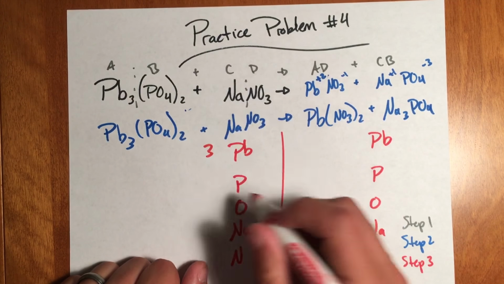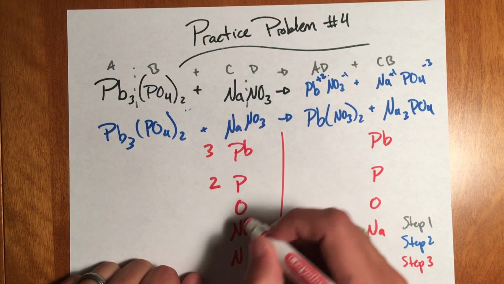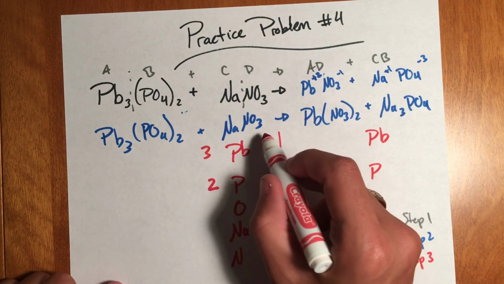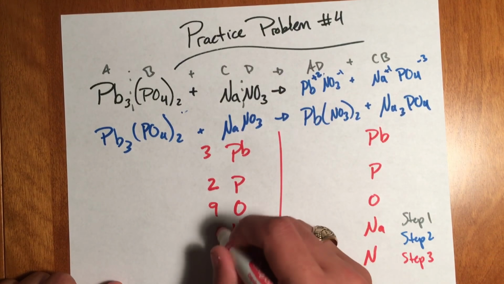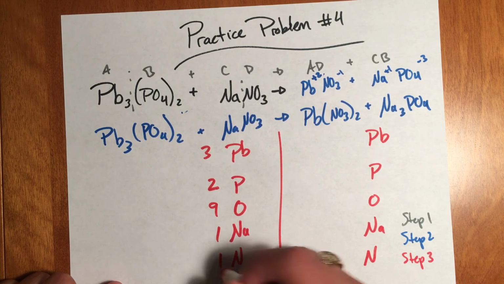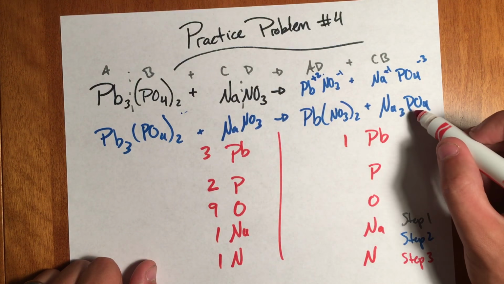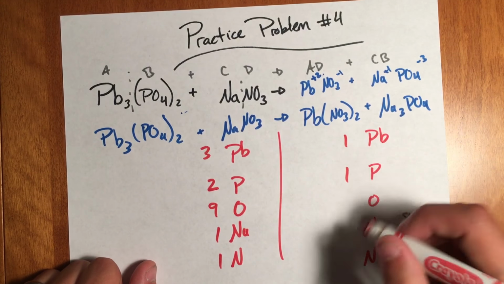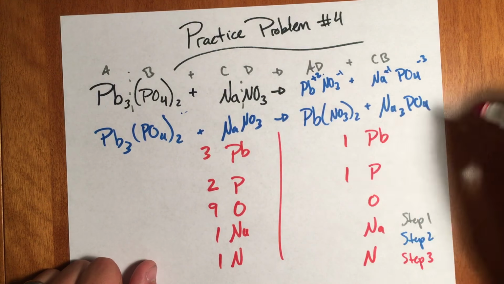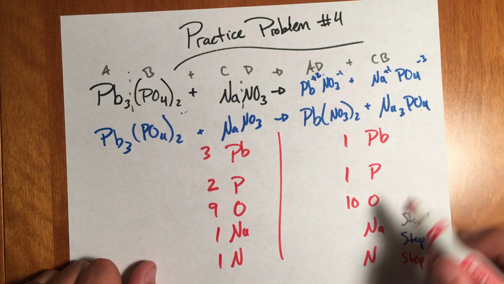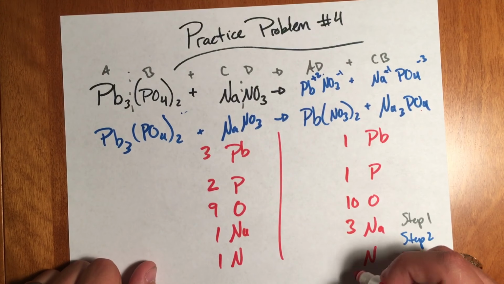We've got 3 phosphorus, 2 phosphorus, then 6 over here, plus the 3 is 9, 1 sodium, and 1 nitrogen. Then over here we've got 1 lead, 1 phosphorus there. We've got 6 over there. 6 plus 4 is 10 oxygens on this side, 3 sodiums, and 2 nitrogens.